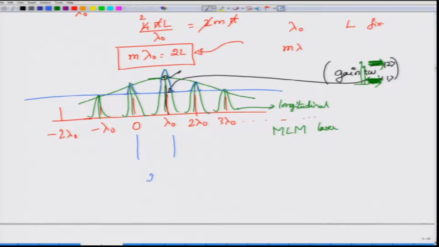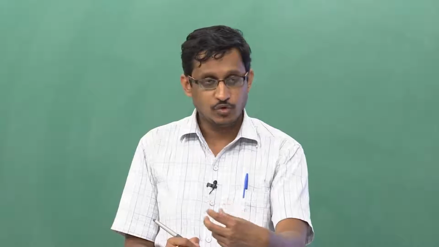We know that the round-trip length is 2L, and the time is 2L by c, where c is the speed of propagation. Or, in case you are looking at a medium which has a certain refractive index, then this would be 2nL by c. 1 by time is frequency. So, this is c by 2n into L. This is called the modes of a cavity.